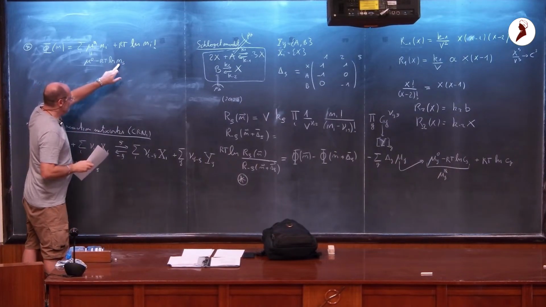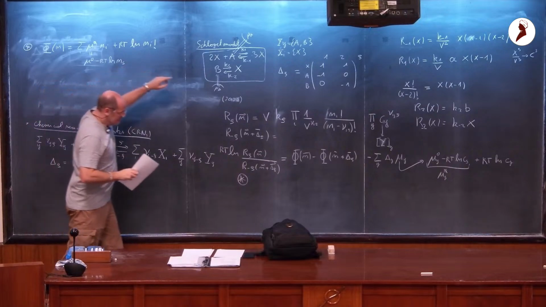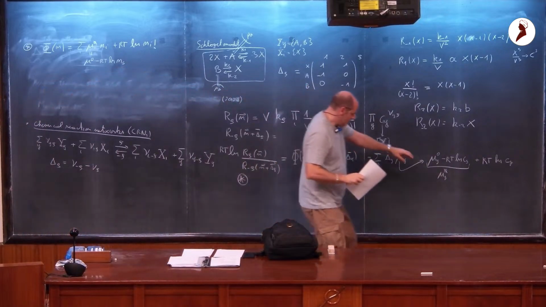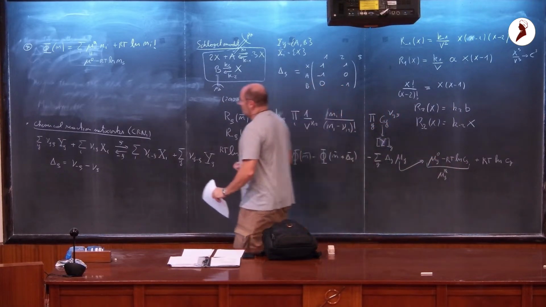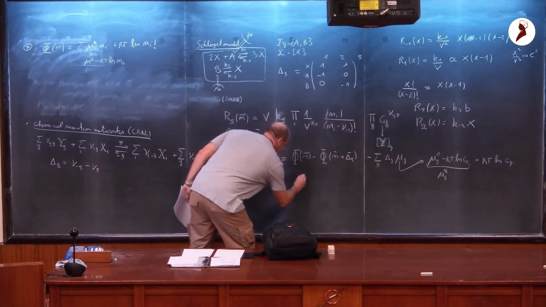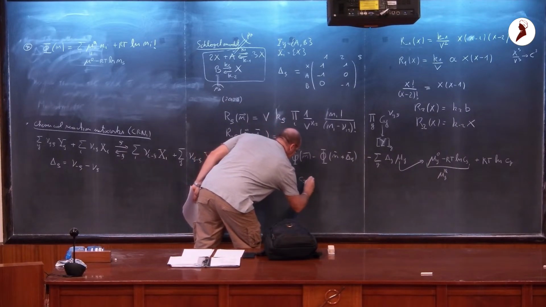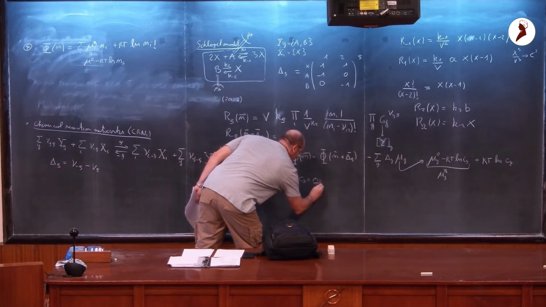And that N_S divided by the volume is going to give you the concentration of S. So keep in mind that C_S is going to be N_S over volume.